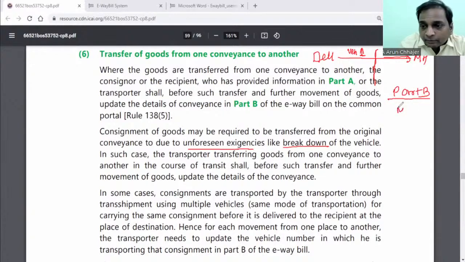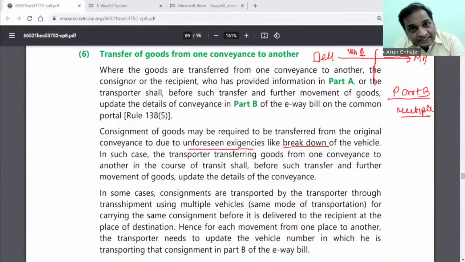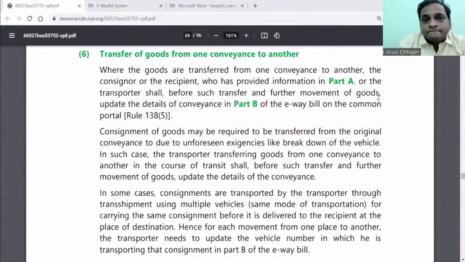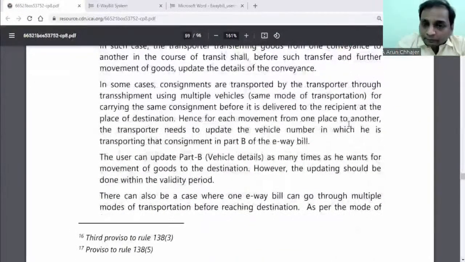Part B can be updated multiple times within the validity period. No problem. Part A once entered cannot be edited. Please note, part A once entered cannot be edited. Part B can be updated multiple times, no problems. So in this case, if it is a breakdown and the vehicle number is changed, please ensure to update part B.